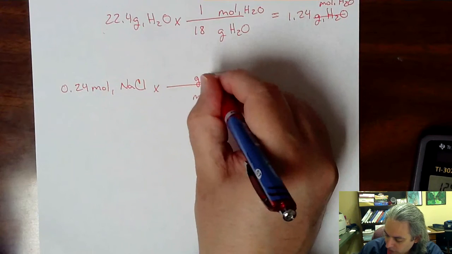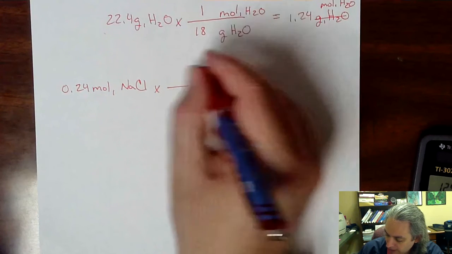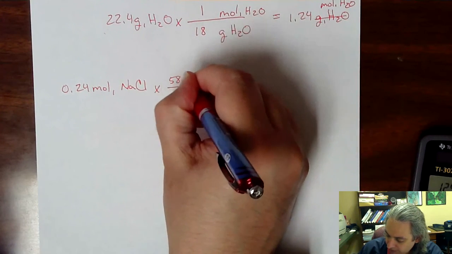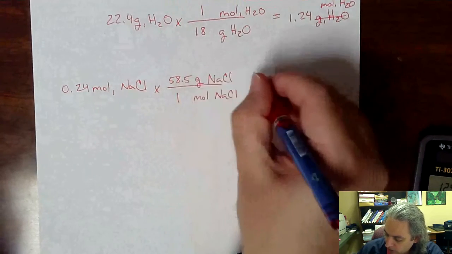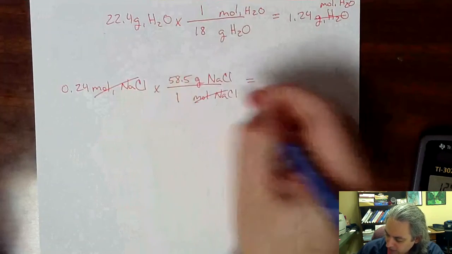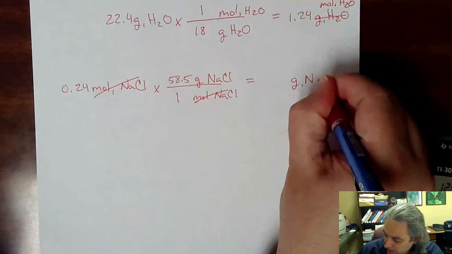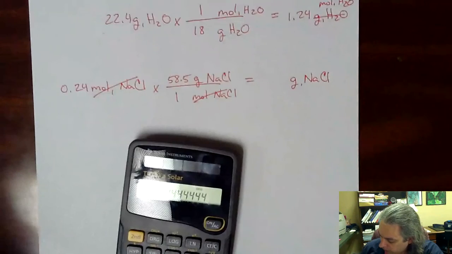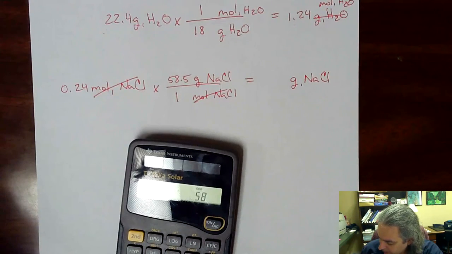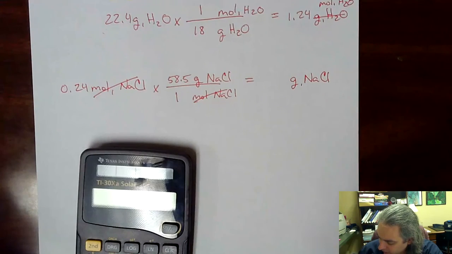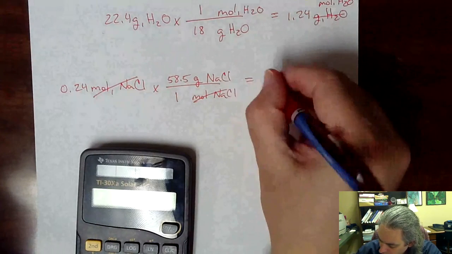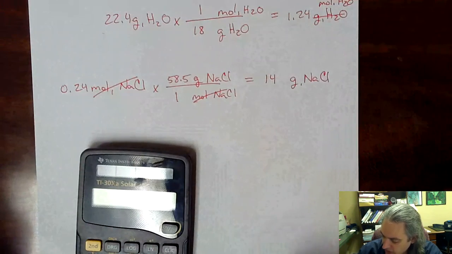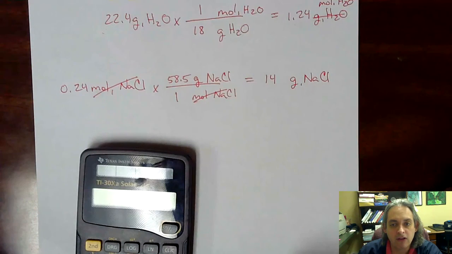And then we're going to put grams of sodium chloride up top. There are 58.5 grams in 1 mole. The moles will cancel, leaving grams of sodium chloride. And so 0.24 times 58.5 gives us 14.04, or just simply 14 grams of sodium chloride.